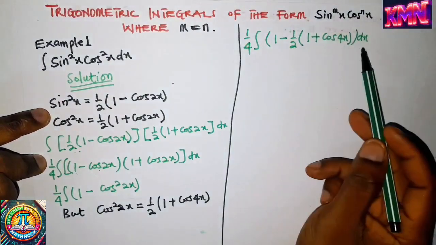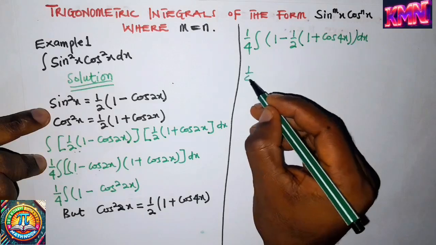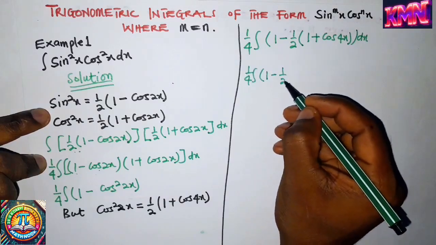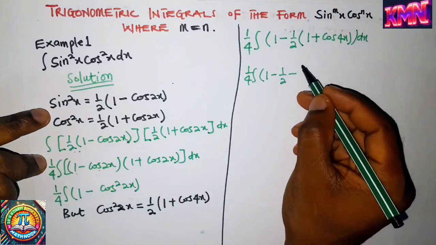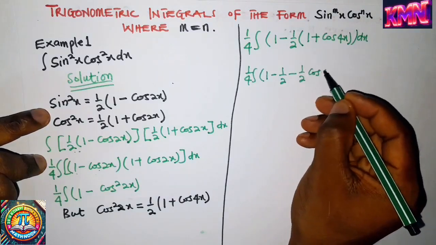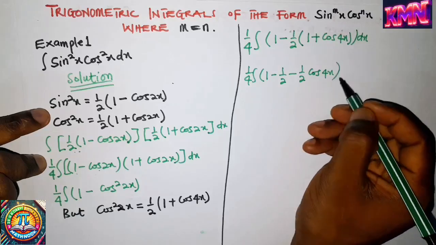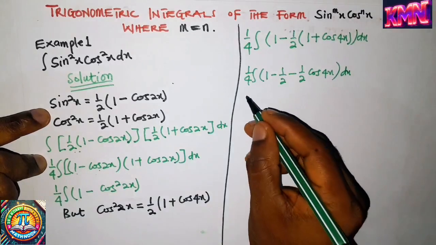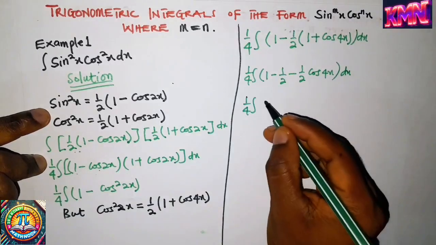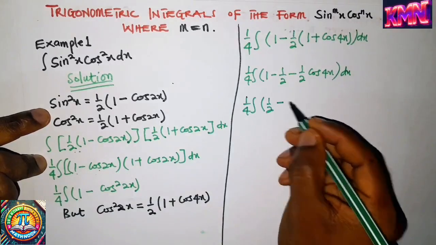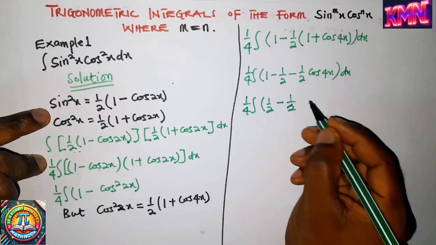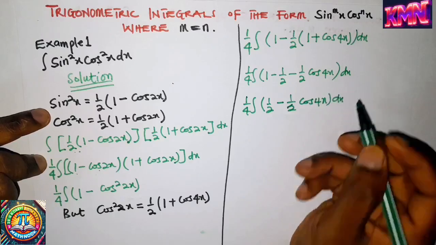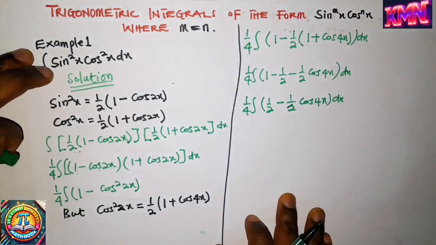Here I can multiply through by the half: 1 minus half minus half cosine 4x dx. Subtracting half from 1, that will be 1/4 integral of half minus 1/2 cosine 4x dx. So now we can integrate.